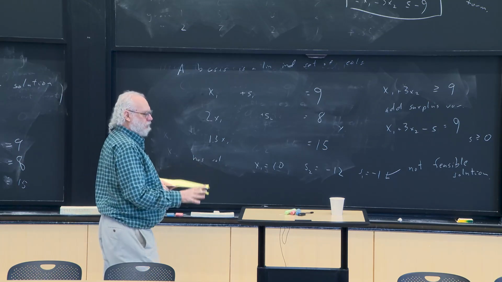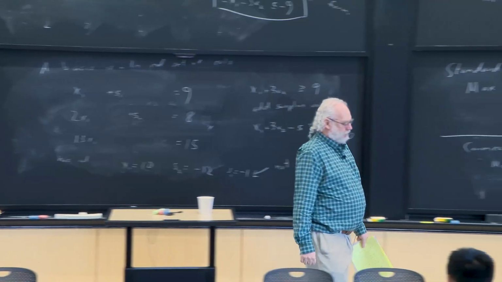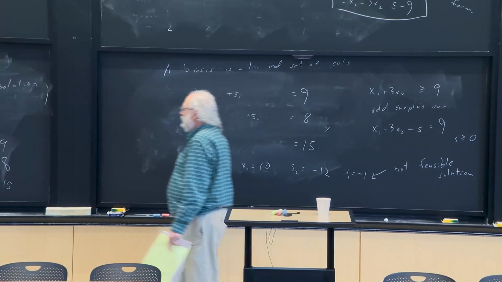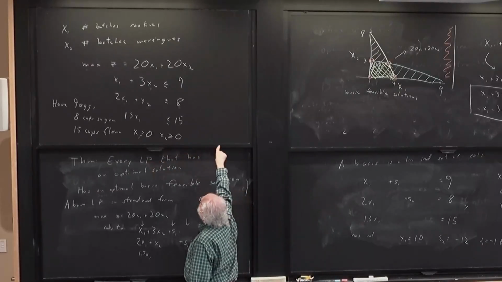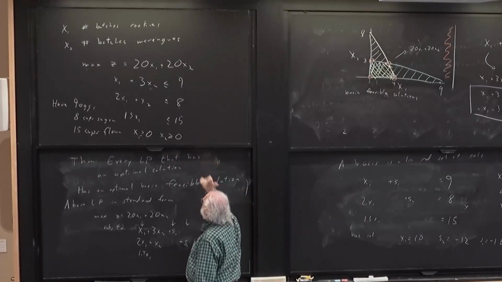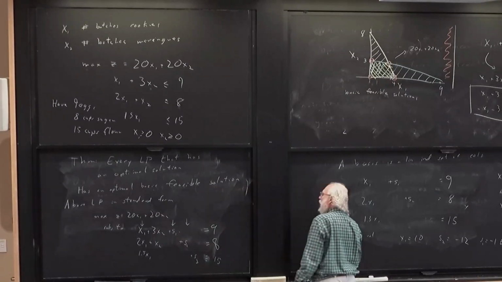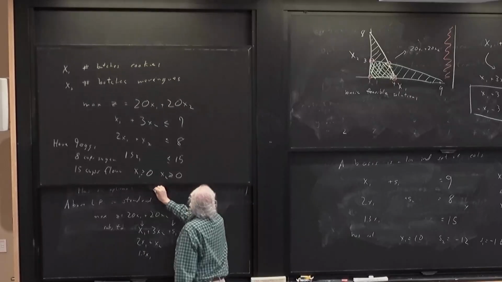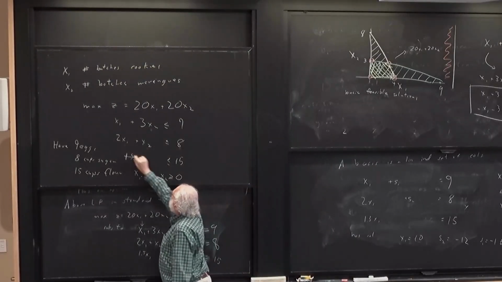Okay. So now I want to talk about duality. And we're going to use this linear program as an example. And actually, as you can see from that diagram, we could just get rid of this constraint.